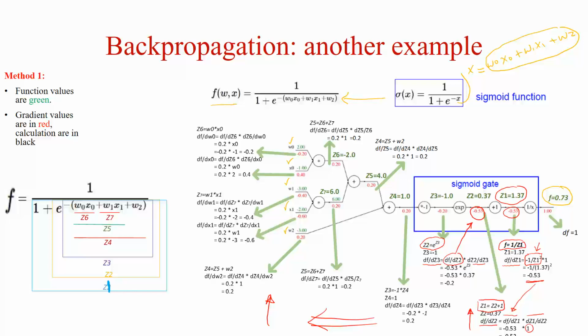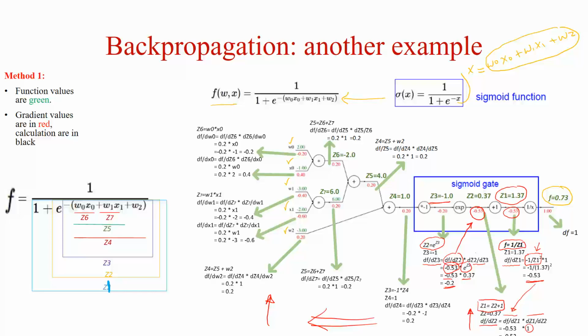And then I plug in the value of z3, which is right here. So now I multiply this with minus 0.53. Notice that for e to the power z3, the z3 value is minus 1. So I plug in minus 1 here, that comes to 0.37, multiplied by minus 0.53, and that comes to minus 0.2.